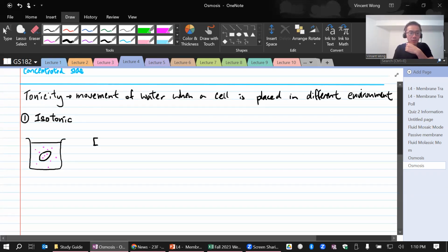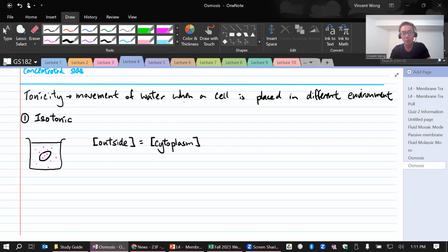So concentration outside equals concentration of the cytoplasm. So which way will water move? What do you guys think? Anybody? No movement? Okay, very good.